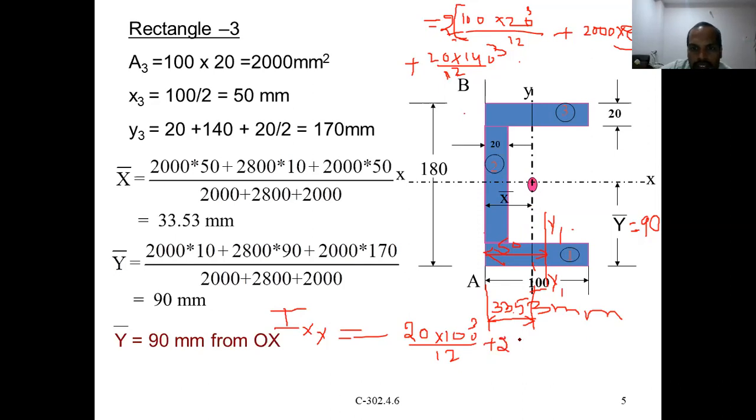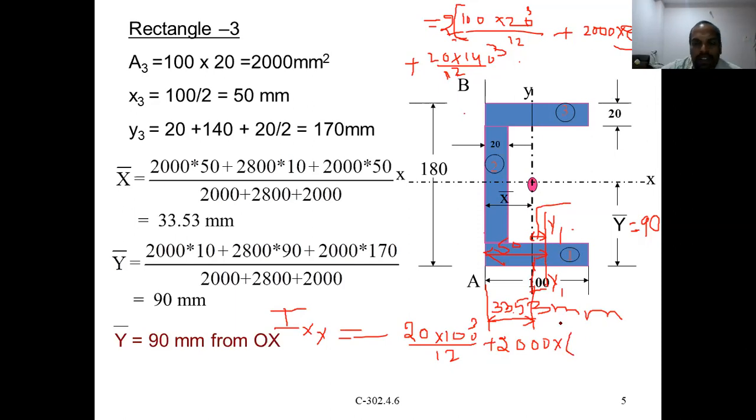Plus AH square is nothing but area, 2000, into H, which is the distance between the centroidal axis of the figure considered and the centroidal axis of the entire section, or about the reference axis, whatever it is. So this distance between these two lines, how much is it? Here to here is 50, but here to here is 33.53.